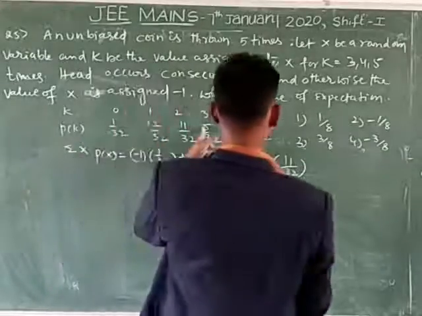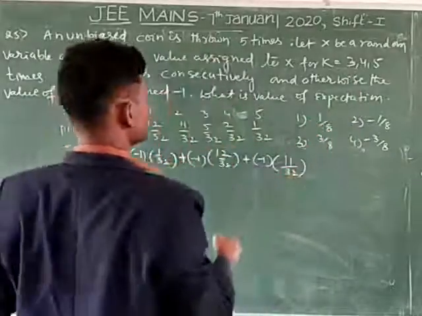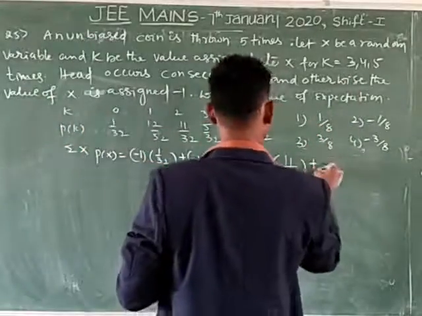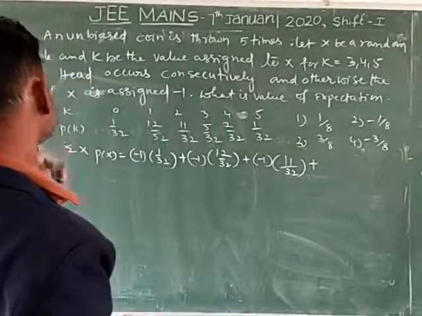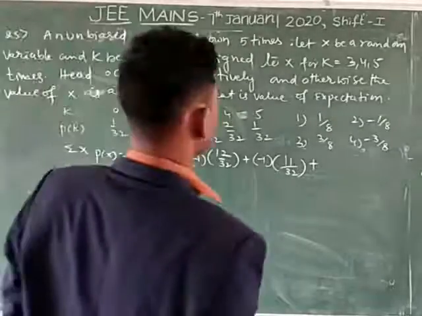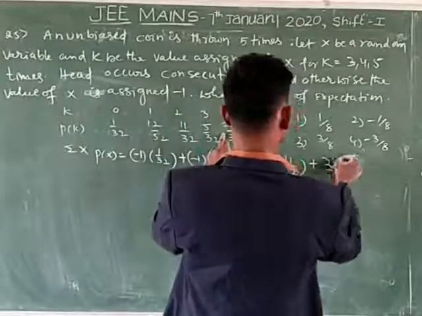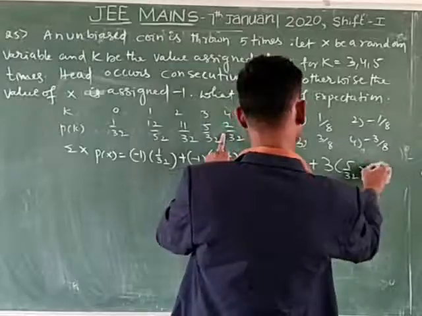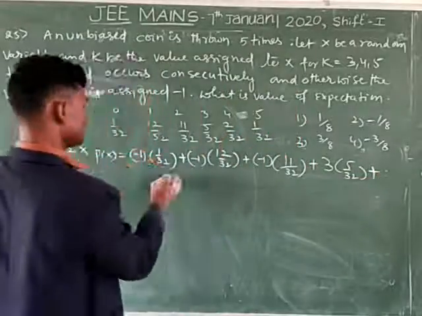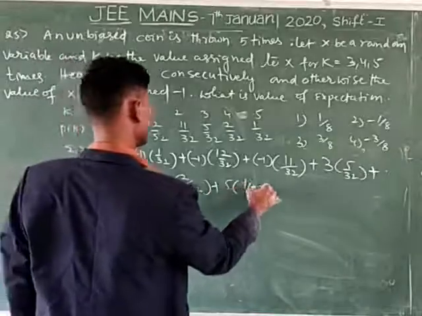For 3 times, already assigned, you have to take 3 times. Then what is the value here? 3 times: here you have to write 3, so 3 into 5 by 32, plus 4 into 2 by 32, plus 5 into 1 by 32.